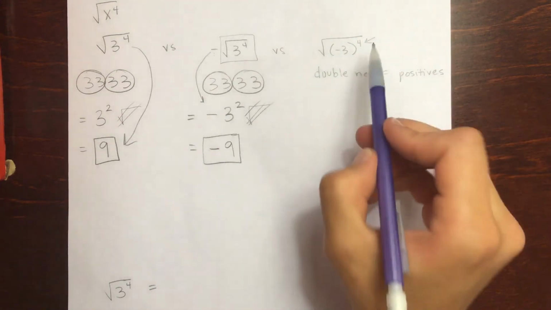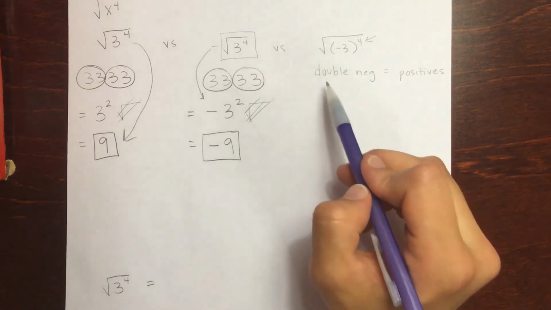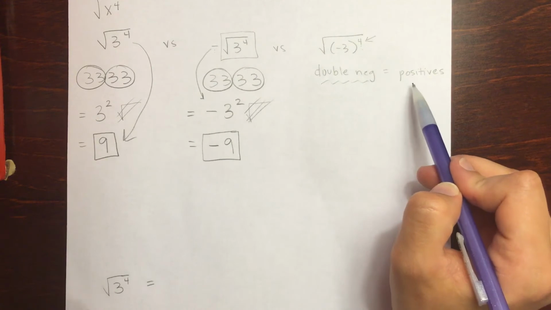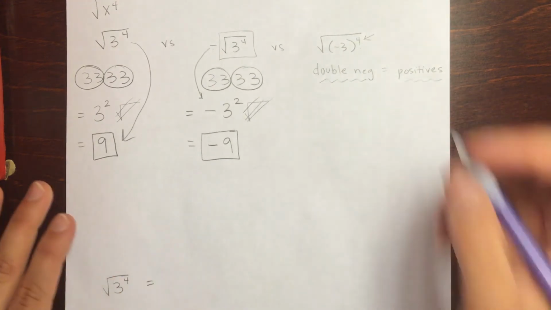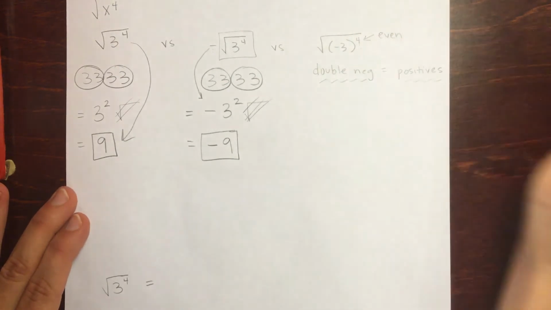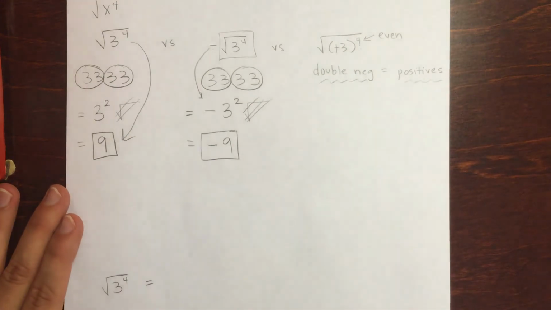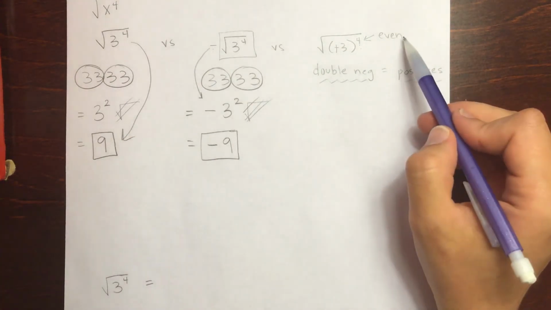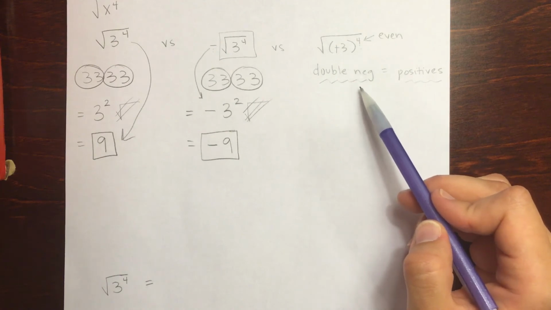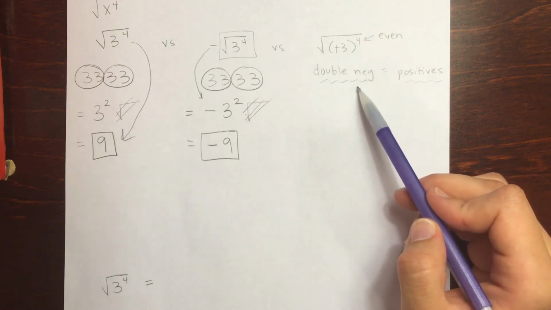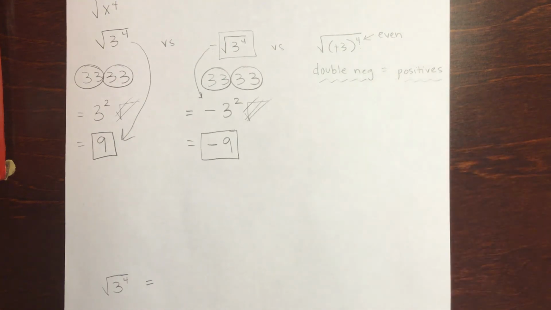So, if this is an even, that means I'm always going to have a bunch of pairs or a bunch of double negatives, so that all of my negatives are going to cancel each other out to be positives. So, as long as this is even, then your negative does not matter and you can just ignore the fact that it exists. Because an even exponent means that it's going to be a bunch of double negatives. There's never going to be a negative that doesn't have a pair. So all the negatives will cancel each other out.